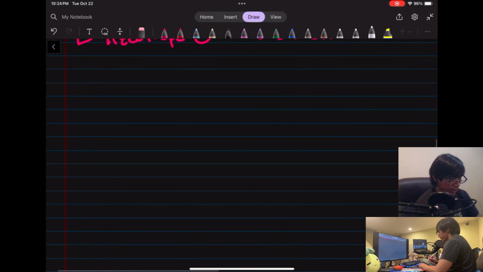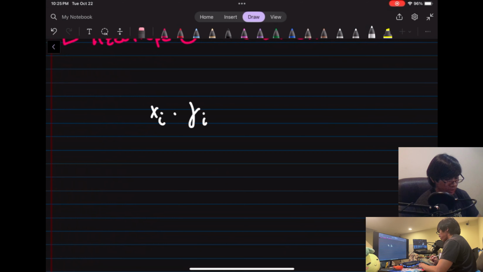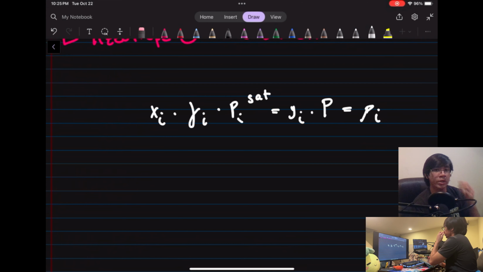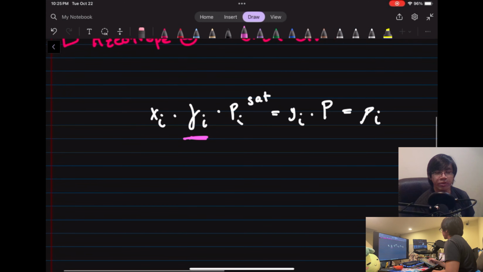It goes something like the liquid mole fraction times the gamma coefficient for that particular component times its saturation vapor pressure. Then, of course, the same right-hand side of the vapor mole fraction times the total pressure, and obviously that was also always equal to partial pressure. So now we have to include this gamma variable within our expression for solving for equilibrium.